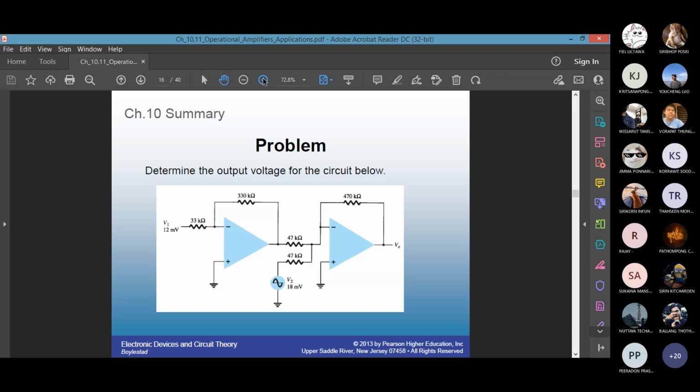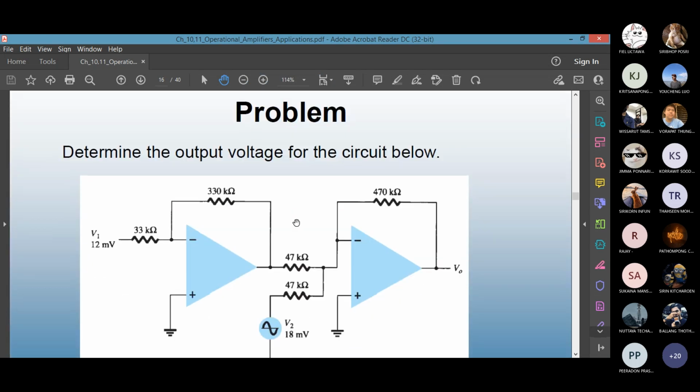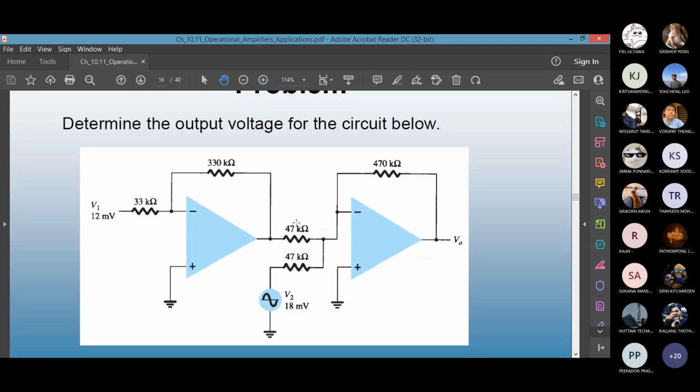Okay, here's another problem that we can do actually immediately on the screen. Determine the output voltage for the circuit below. What is the name of the first? Let me put some number. Let's call it stage 1. I circle it.